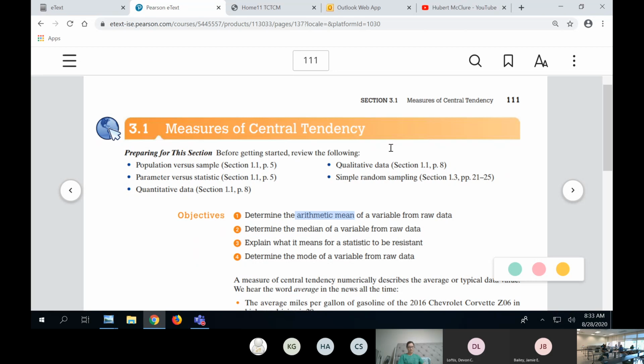So most of y'all know how to find these. The things that I'm going to harp on in chapter 3 are the mean, the standard deviation, or the variance and standard deviation, and the z-scores, and the box plot, and the 5-number summary. That's what I'm going to harp on. And I guarantee you that a couple of y'all probably don't know how to do a couple of those if you don't have a calculator.